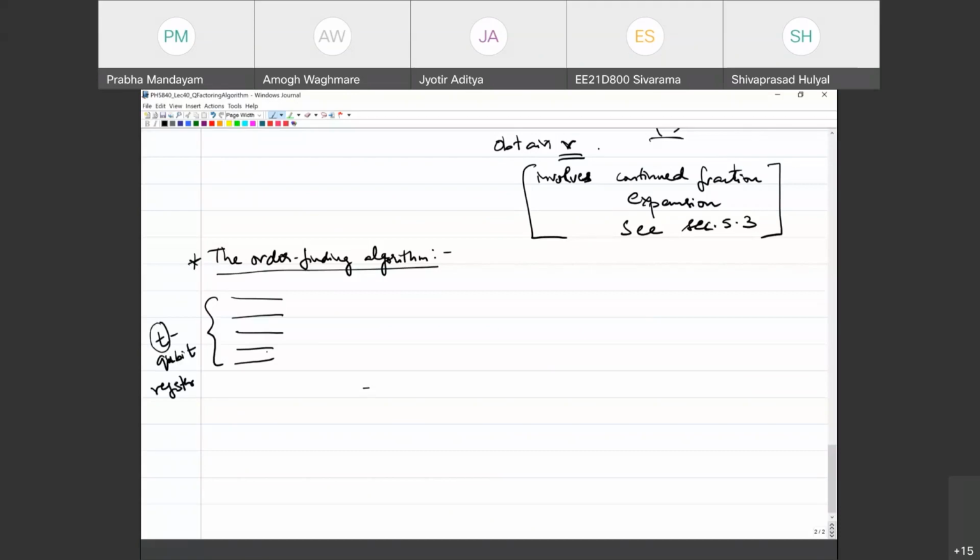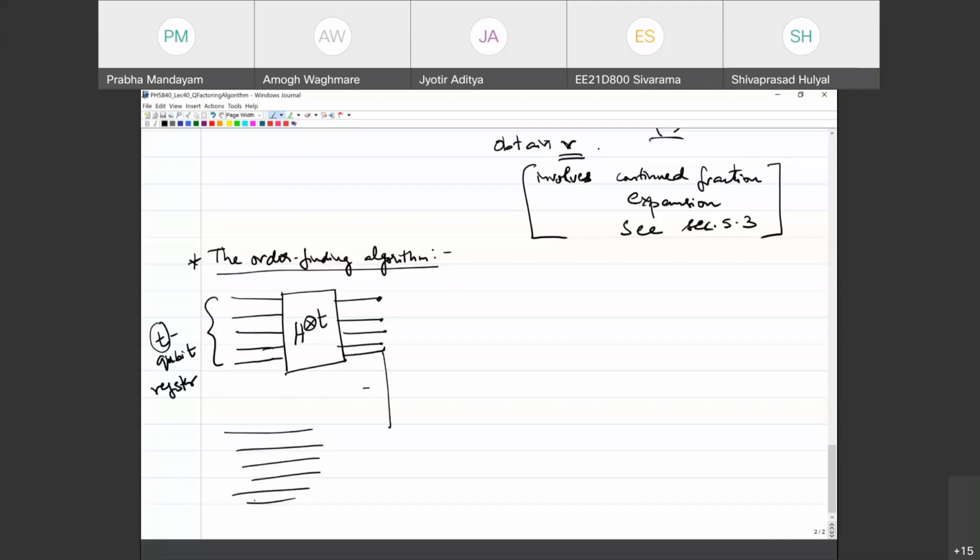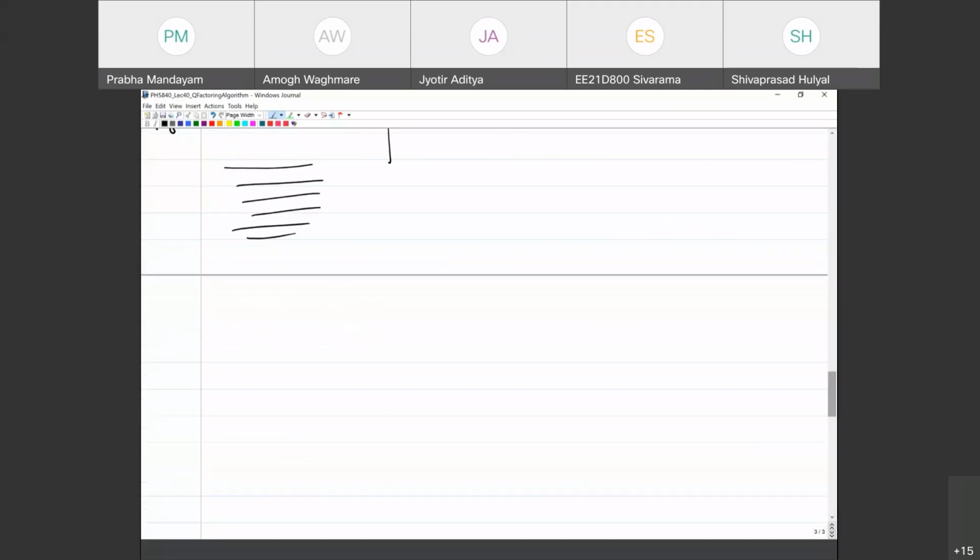And then you end up doing a Hadamard tensor T, right? And then you have all these controlled unitaries acting on the ancilla. But now hold on a minute. This ancilla is supposed to be prepared in the eigenstate US, right?